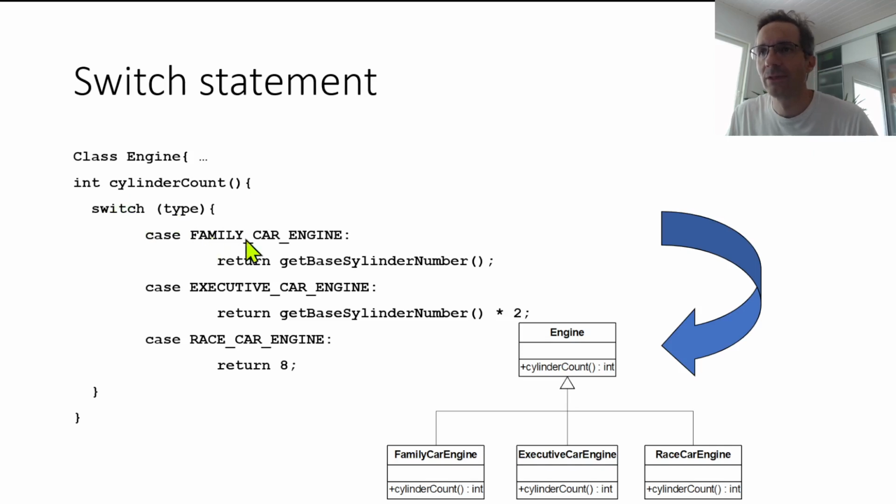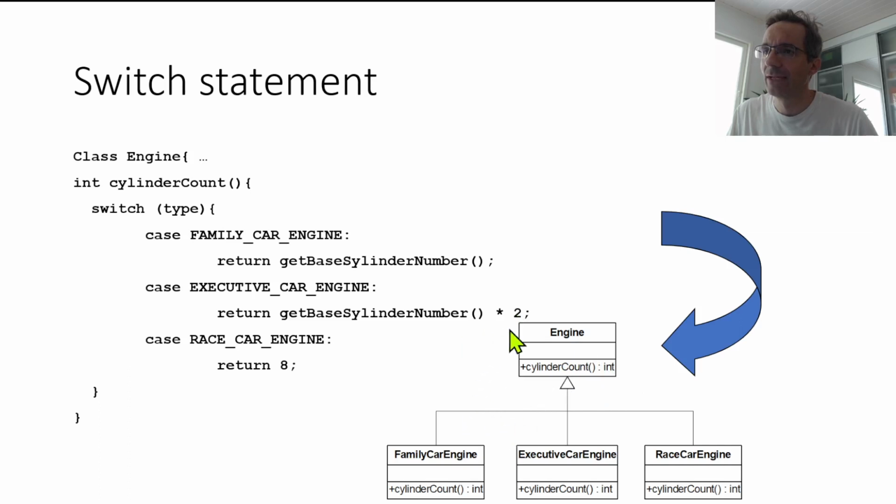on the type it does, whether this is a family car, then it returns the base cylinder count. If it's the executive car, then it returns the base cylinder count times 2. And if it's a race car, the number of cylinders is always 8 in this design. But this is a procedural design, and in an object-oriented world, you most likely want to subclass this engine.